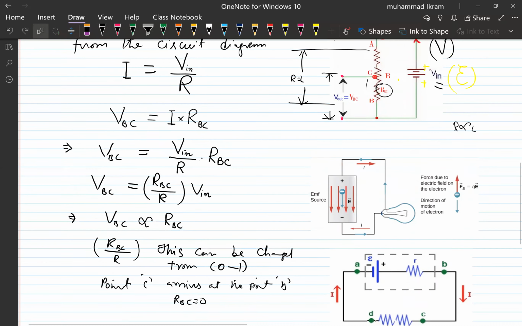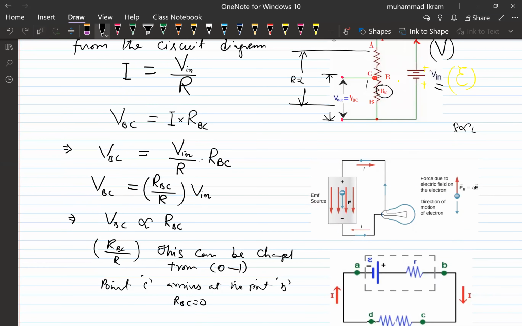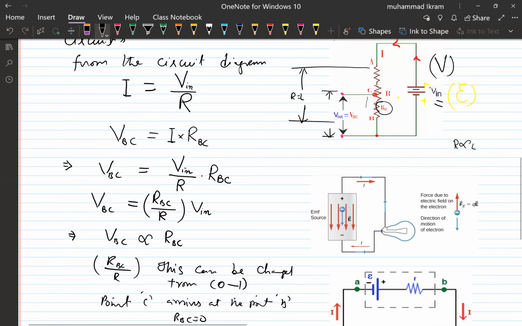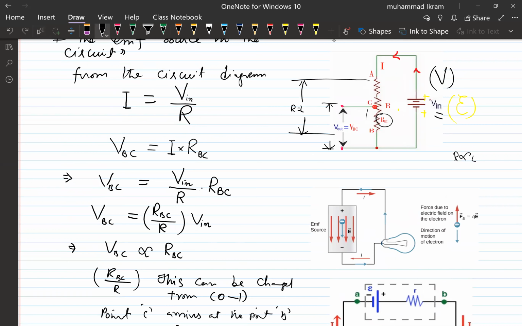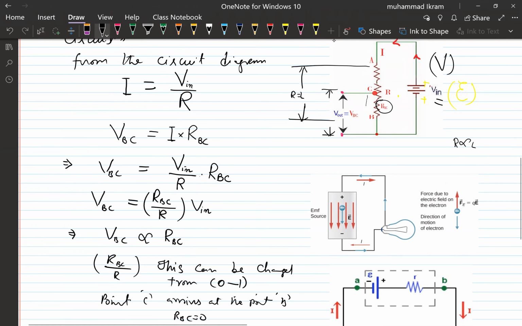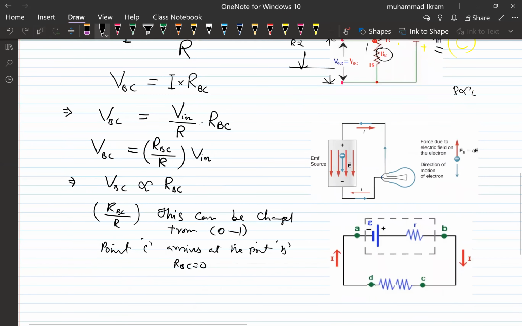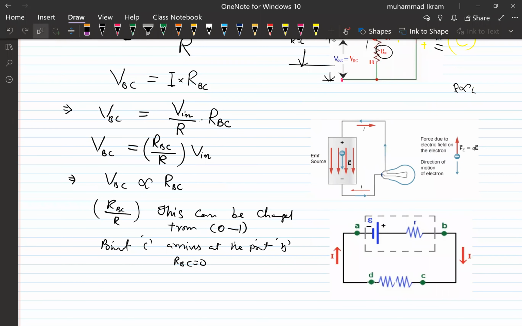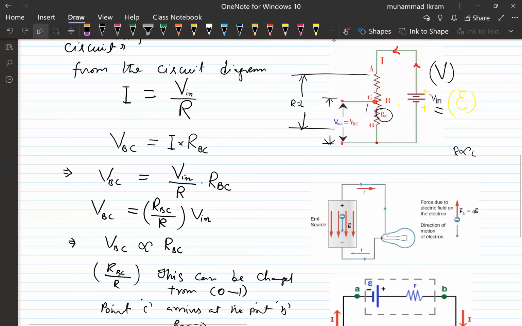Now when you move from the point B towards the point A, RBC increases and the potential difference increases. When you arrive at the point A, RBC becomes equal to R, and the output provided is equal to the total input of the circuit. So this is how the rheostat works.